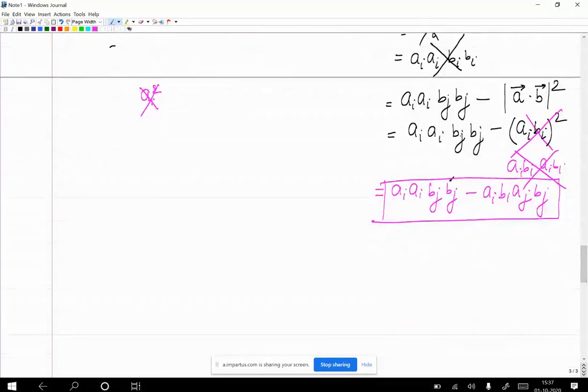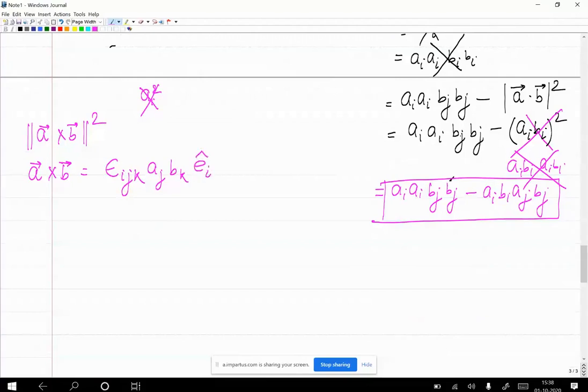So I have the same thing here. A cross B magnitude square. Now let us try to use the formula for cross product. What is A cross B? That is epsilon_ijk a_j b_k e_i. Isn't it?